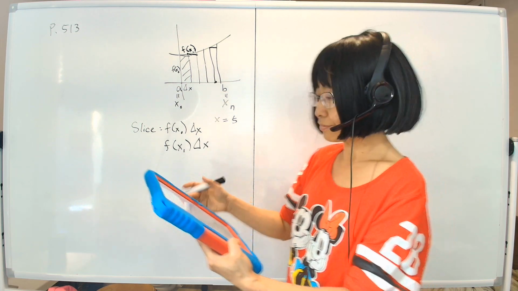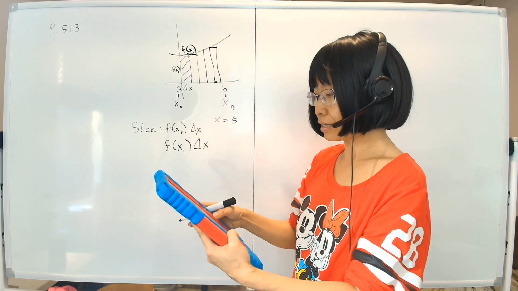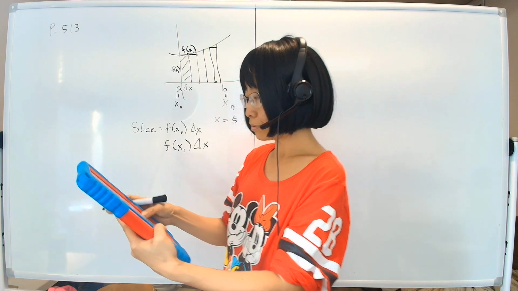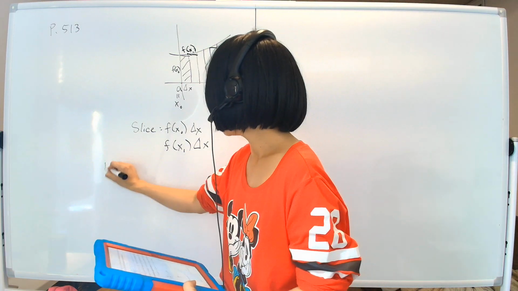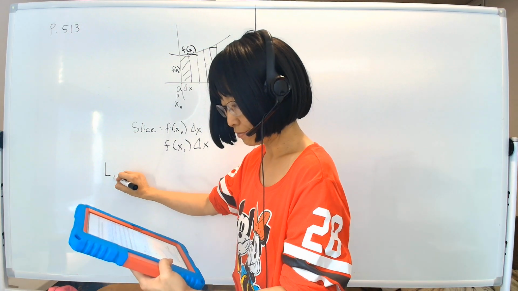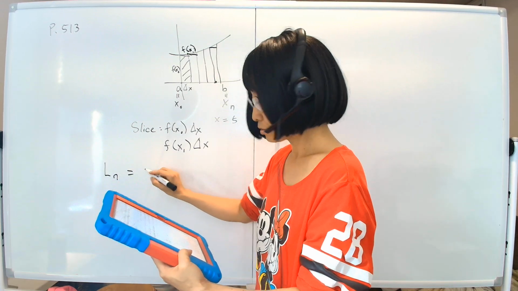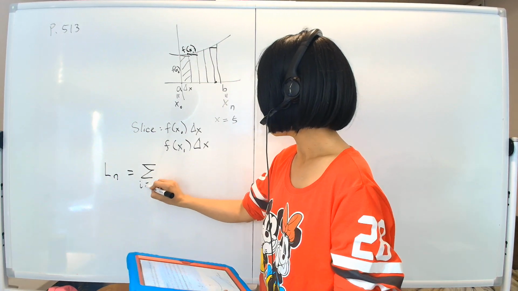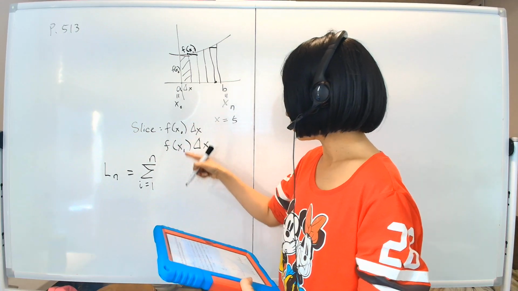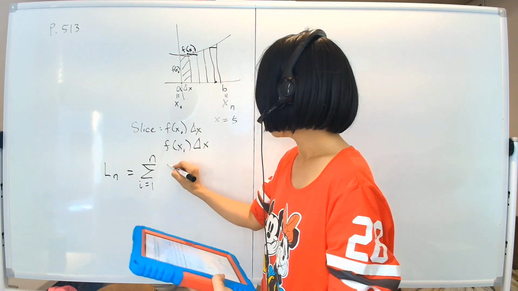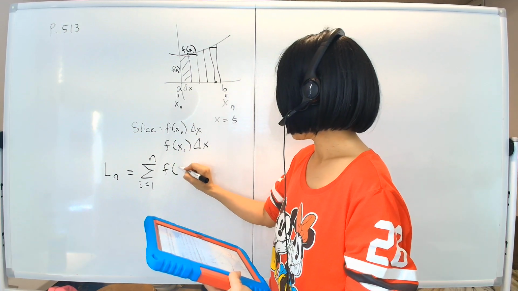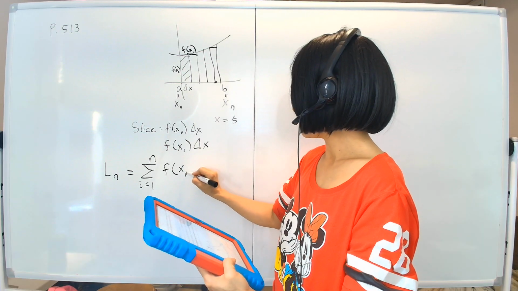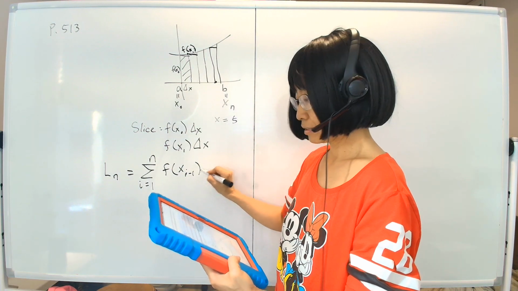And so the left endpoint area, L n, is you add all that stuff. L n equals, okay, the summation from i equals 1 to n. You add up all these things all the way, f of x i minus 1 times delta x.